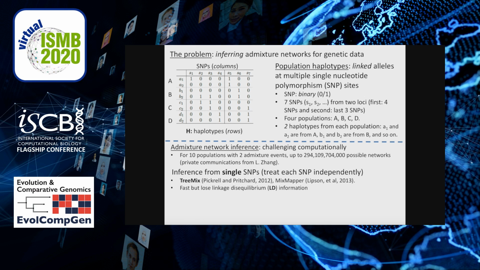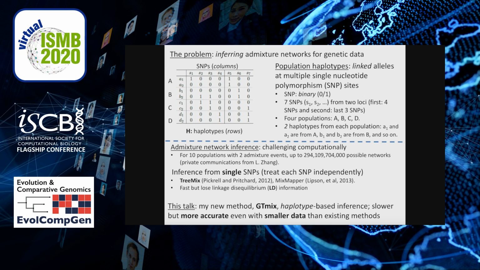These methods are fast, but the downside is that they lose the important linkage disequilibrium information contained in the haplotypes, but not in the individual SNPs. In this talk, I will describe a new method called GTMX. This is based on haplotypes, not single SNPs. The GTMX method is slower, but experience shows that it's more accurate than existing methods like TreeMix, even when GTMX is only given smaller data than the existing methods.